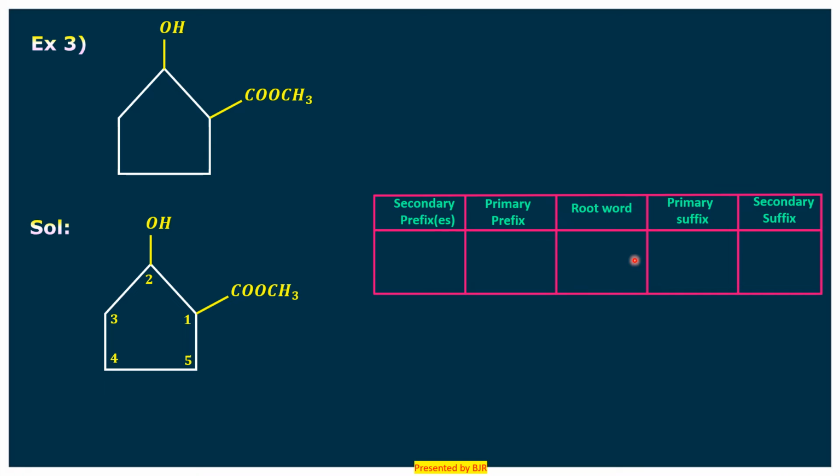The root word is pent. Primary suffix: only single bonds are there in the ring, so it is ane. Primary prefix: these carbon atoms are forming a ring, so it is cyclo. Secondary prefix: when the OH functional group is used as the substituent, its name is hydroxy.